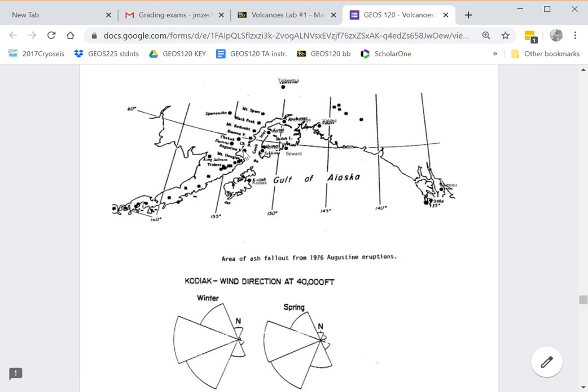So you can tell that the wind direction from Augustine Volcano can come from west and go east, or it can come from southwest and go northeast, or it could come from northwest and go southeast.